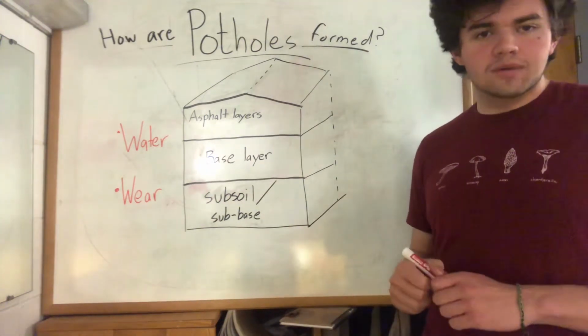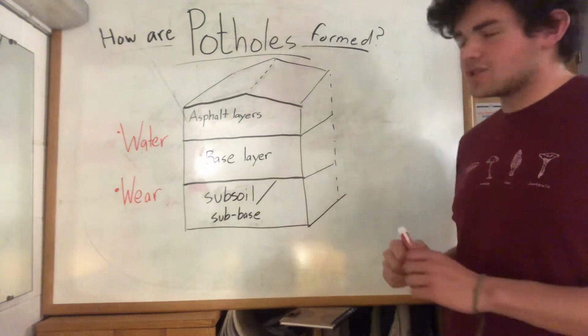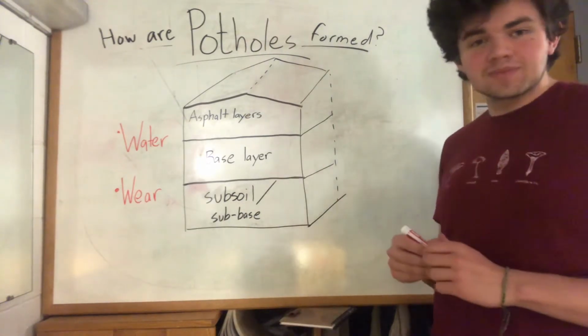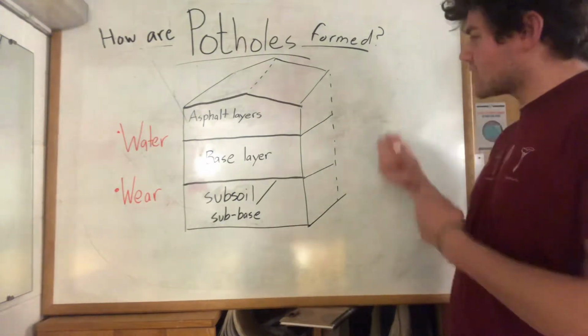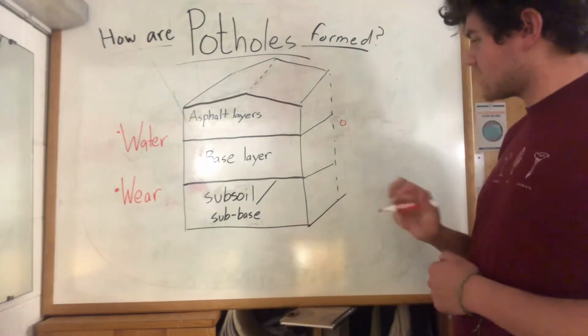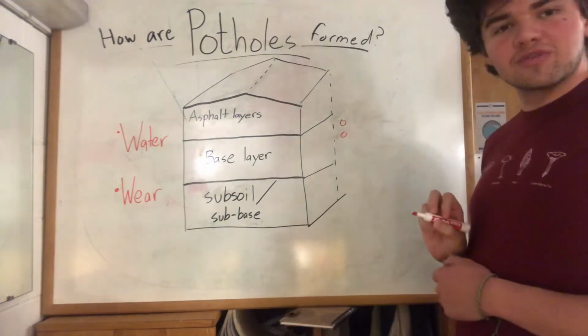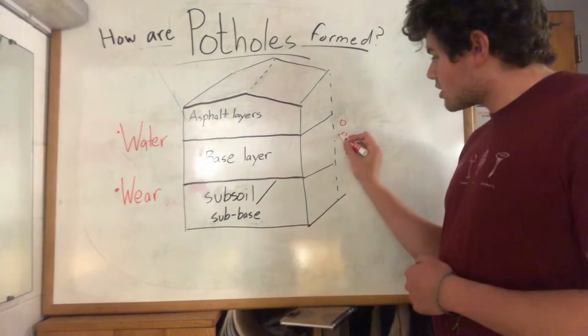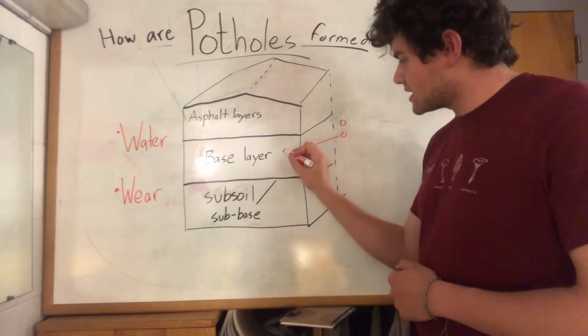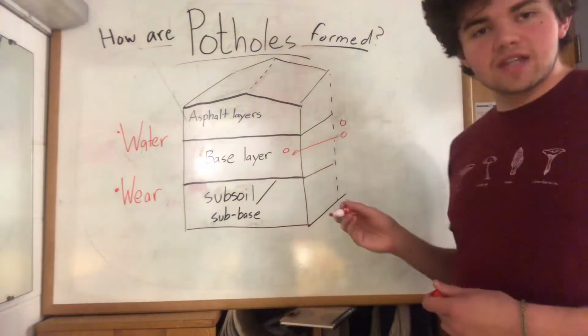Let's start with water. There are 2 types of water damage: water erosion and ice expansion. Water erosion is when water comes from outside of the road, just like that little dot right there. Give him a friend too. Water comes in from the outside and it places itself inside these layers.